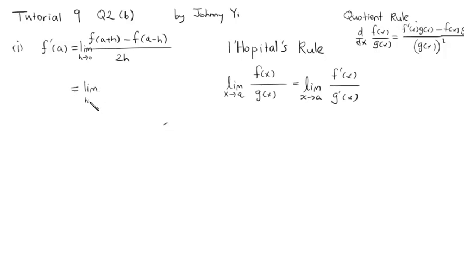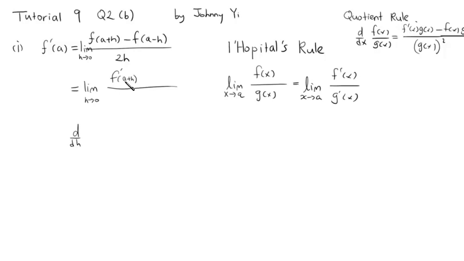Limit as h goes to 0. I'm going to differentiate the top and bottom with respect to h, so I'm taking d/dh. You can differentiate with respect to pretty much anything. Now what you get is f dash of a plus h, and then you have to multiply by the differentiation of the bracket, because the bracket is not just h.